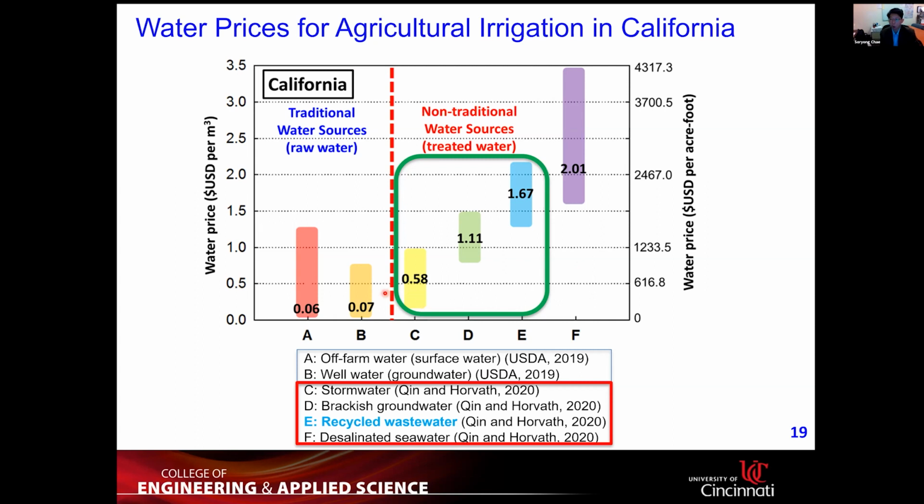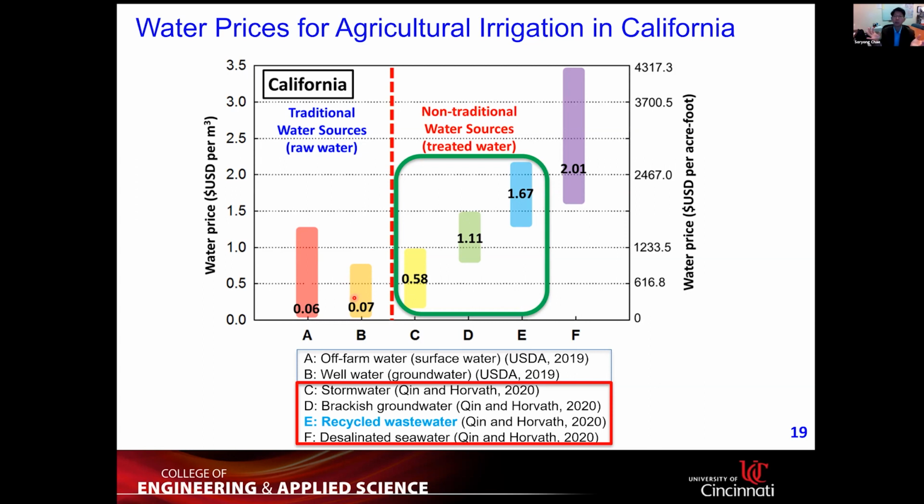If they have surface water, which is A, or groundwater, which is B on this graph, they have a very good price to access the water, like 0.06 US dollars per cubic meter, so 6 or 7 cents per cubic meter. It's subsidized by the government, but the problem is, if there is no surface water or groundwater, problems start.